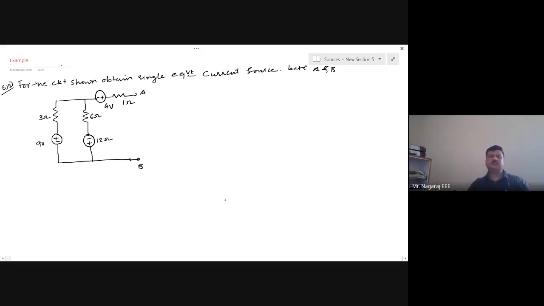So this is the circuit given. A source of 9 volts and 3 ohm, 12 volts and 6 ohm, 4 volts and 1 ohm. I want an equivalent current source in between A and B. Because all the sources are practical, I will obviously get a practical current source, so you need not mention it exclusively.